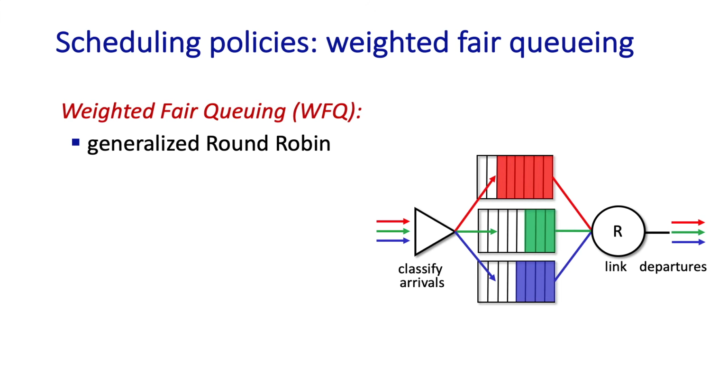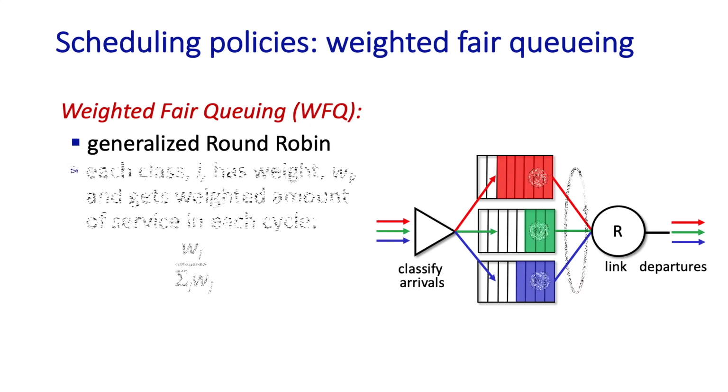A weighted fair queuing scheduler schedules classes in a round-robin-like manner, first serving class 1, then serving class 2, then serving class 3, and then, assuming there are just 3 classes, repeating that service pattern. Weighted fair queuing differs from round robin in that each class can receive a different amount of service in any interval of time.